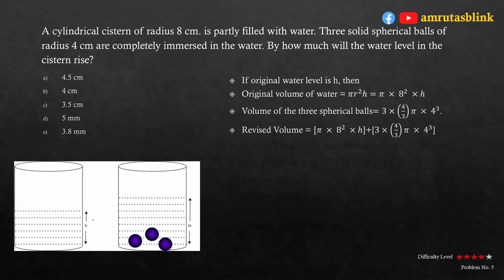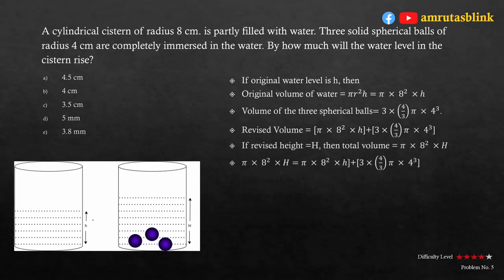into 4 cube. Now after immersion of these solid spherical balls, the assumed height is capital H. So the revised volume of this water is pi r square h with capital H, so pi into 8 square into capital H. Now we can say that this pi 8 square into capital H is equal to pi into 8 square into small h plus 3 into 4 by 3 pi into 4 cube.